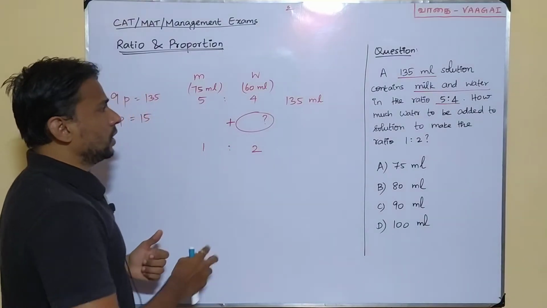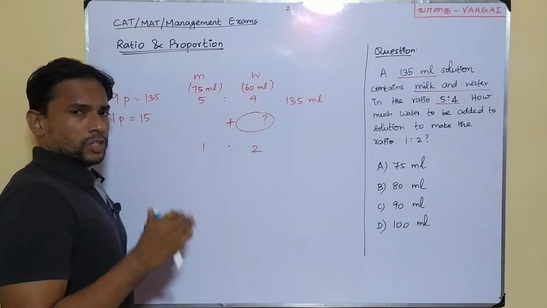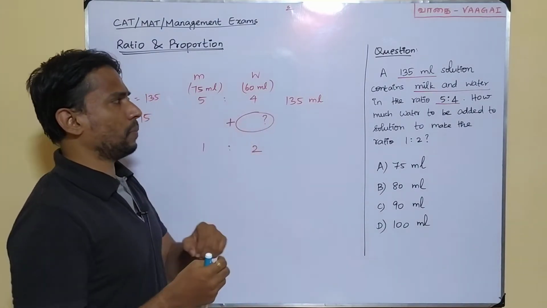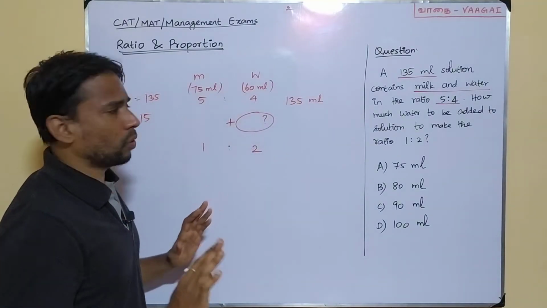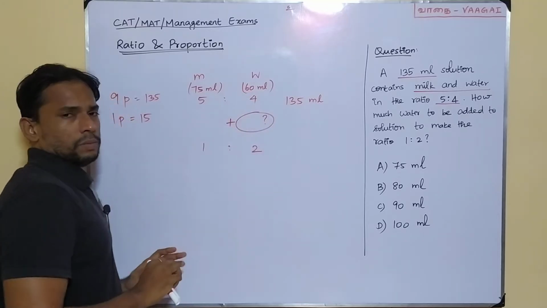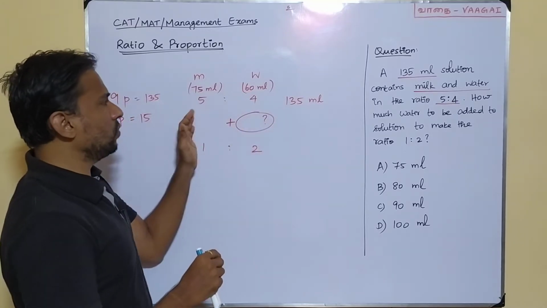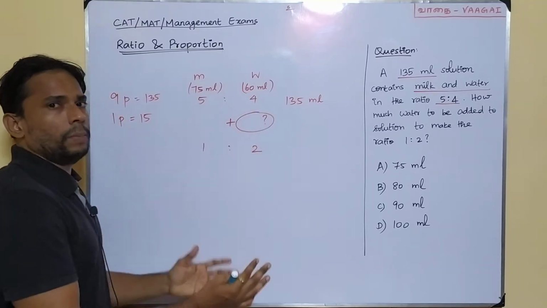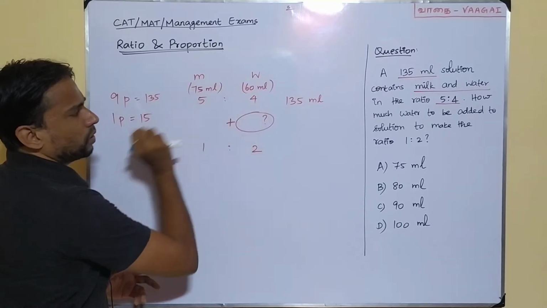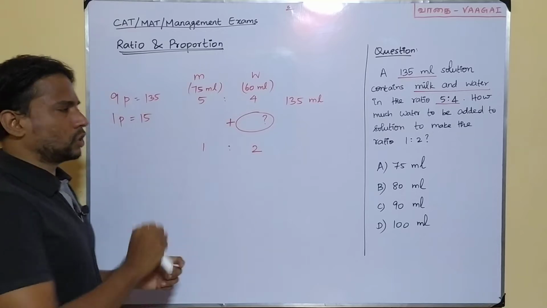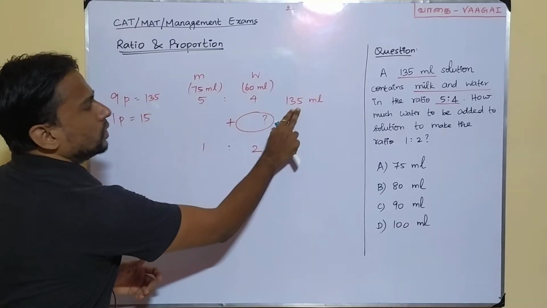Let me repeat it. Initially, milk and water are present in the ratio 5:4 and the total capacity is 135 ml. We are just splitting the values. Out of this 135, I'm going to divide it in the ratio 5:4. I take the total parts, 5 parts of milk and 4 parts of water, so 9 parts, and 9 parts is equal to this 135.